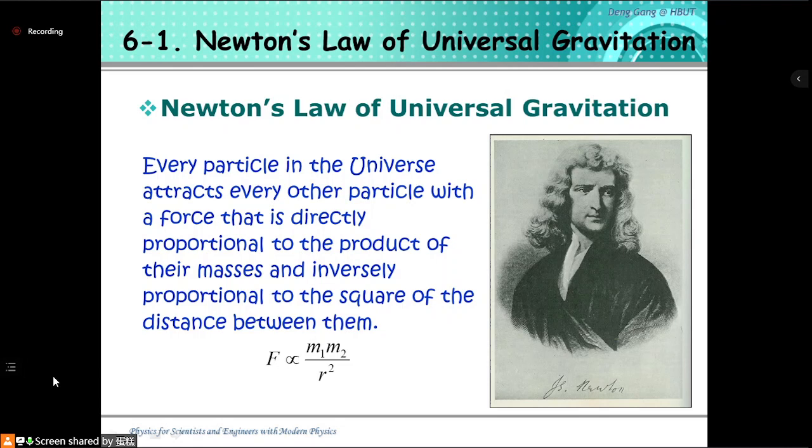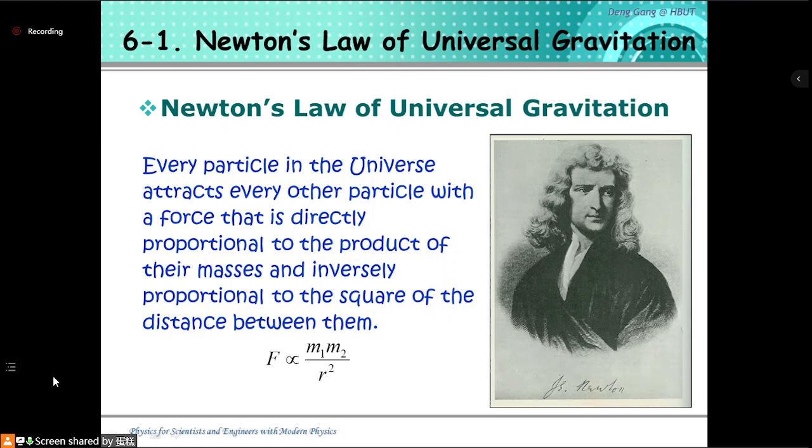So that's Newton's law of universal gravitation. Universal means the force between any two particles. Every particle in the universe attracts every other particle. That's why we call it universal. Not only the force between the planets, but also the force between any two objects.